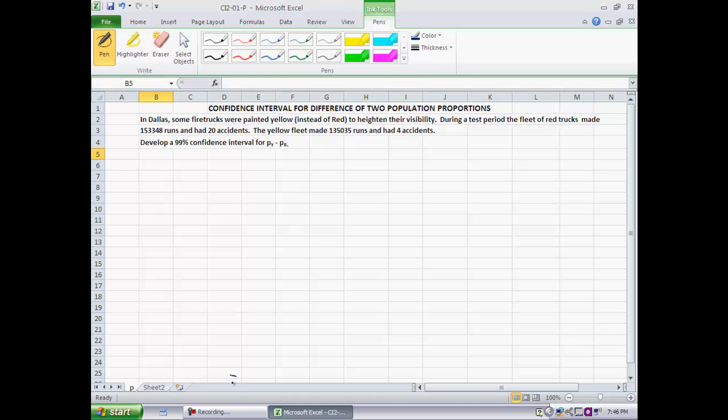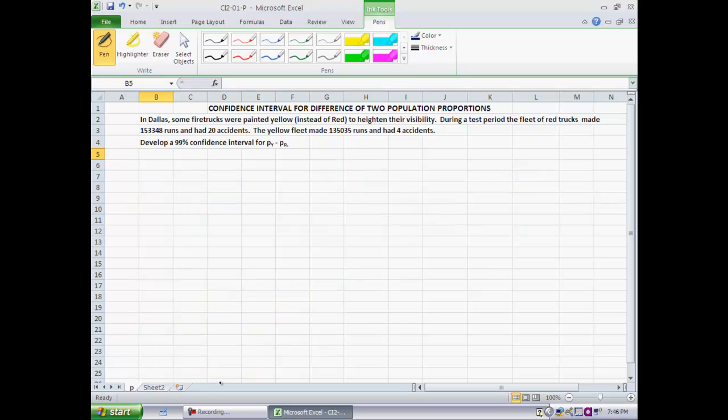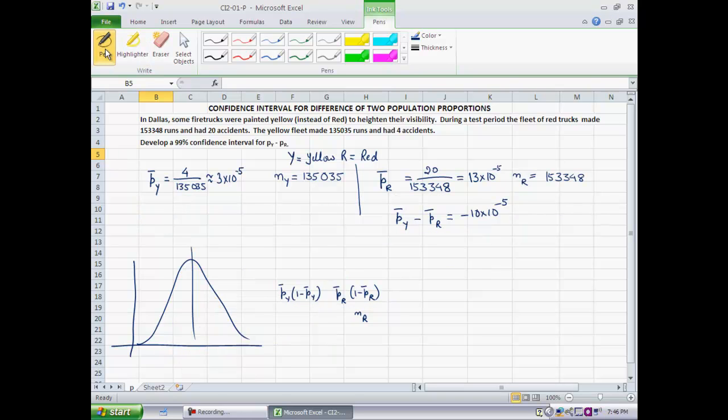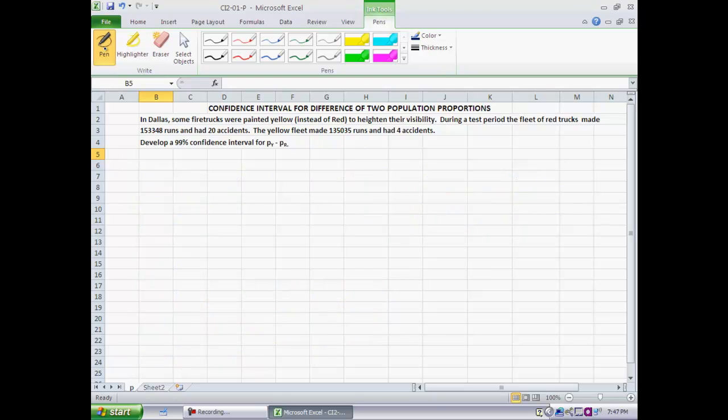The width from the middle to the upper extreme, or from the middle to the lower extreme, is the margin of error. I want the lower limit and the upper limit to be large enough such that this shaded area here is 99%. I want to be 99% sure.